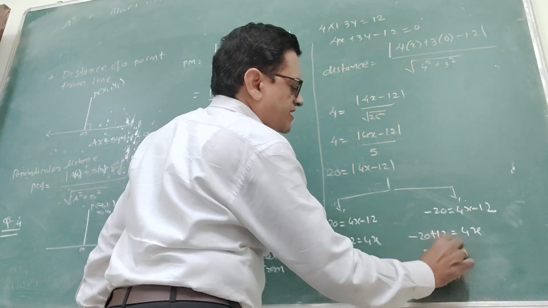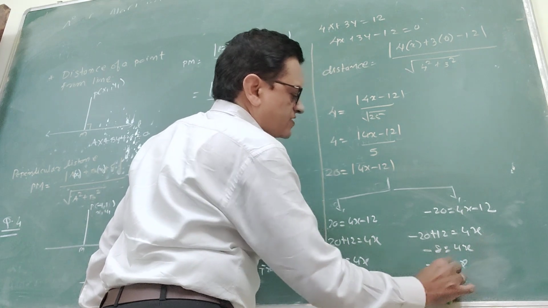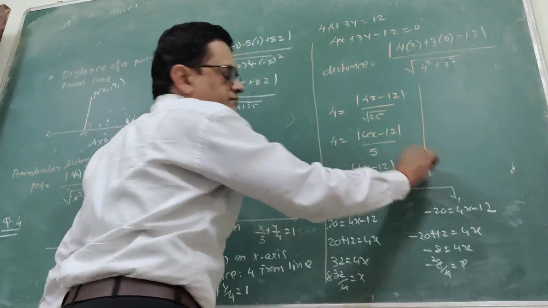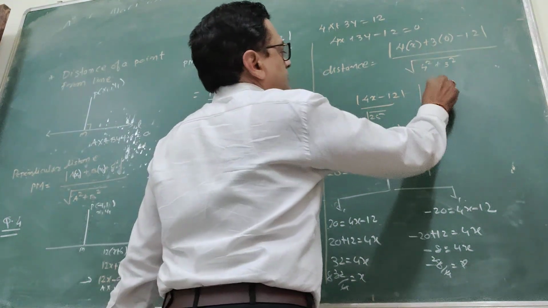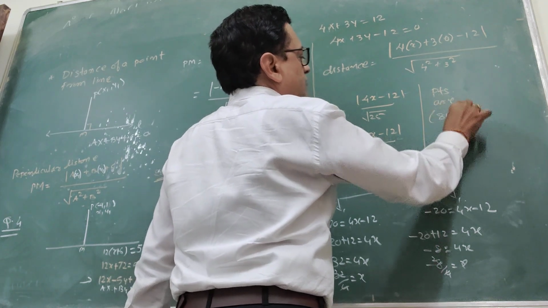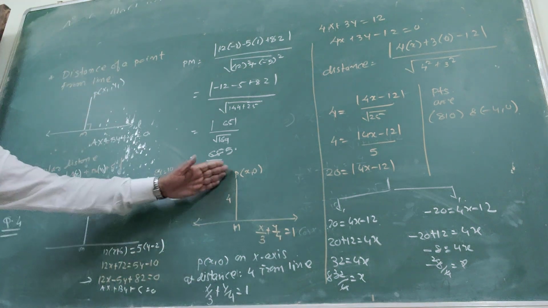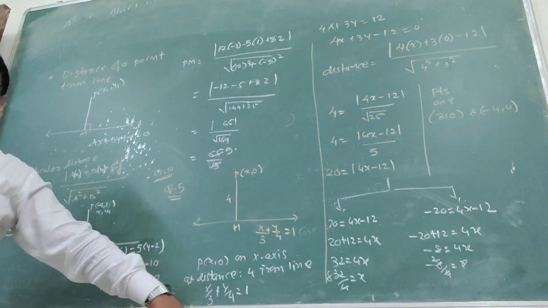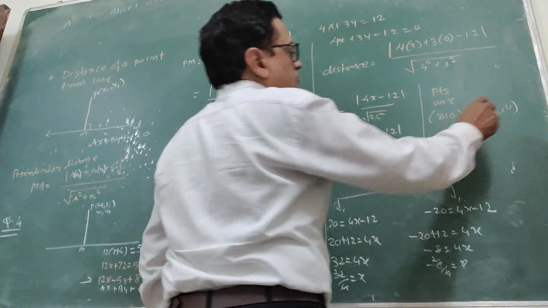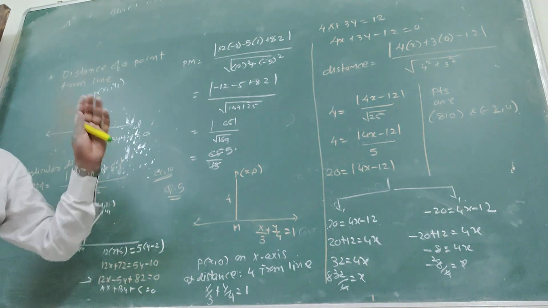Here minus 8 is equal to 4x, minus 8 by 4 is equal to x, so x is minus 2. So our points are (8, 0) and (-2, 0). It can be on both sides. We took this side, but it can be on this side also. It can be negative, it can be positive. Done?